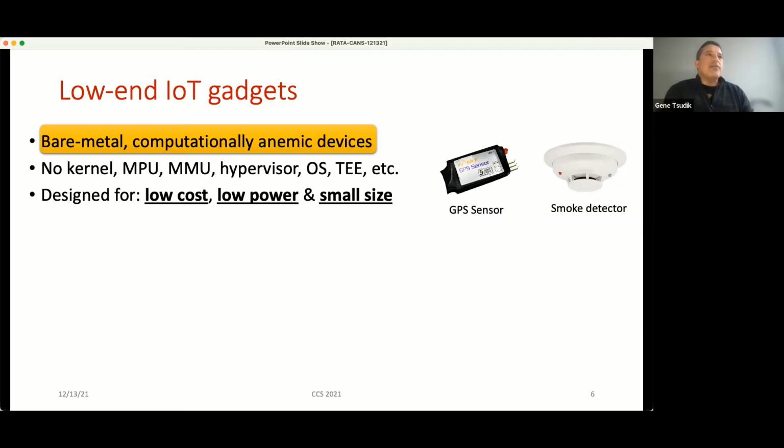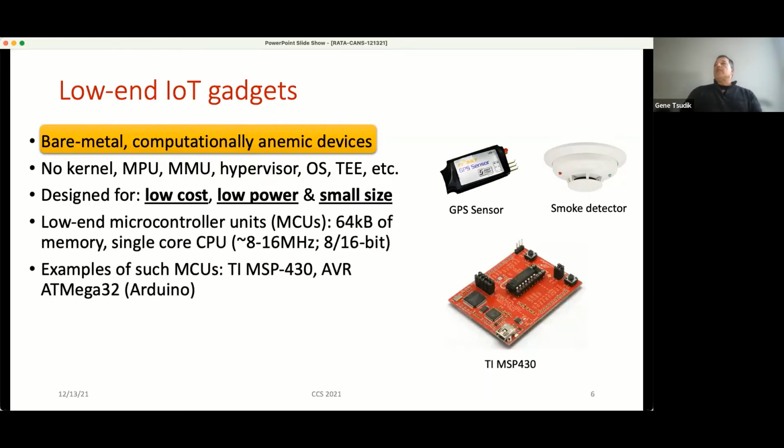There's a cost constraint because the manufacturers want to sell them in large quantities, and there are severe pressures on keeping the budgets low. They often have low power requirements, or at least requirements to minimize power consumption, et cetera. So security typically takes a very background role in these devices.